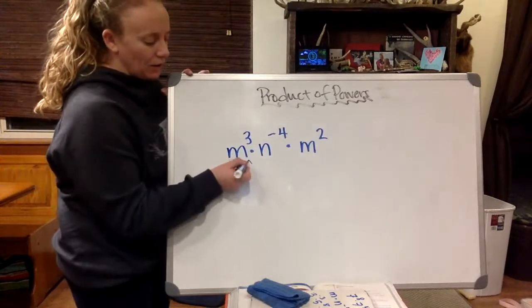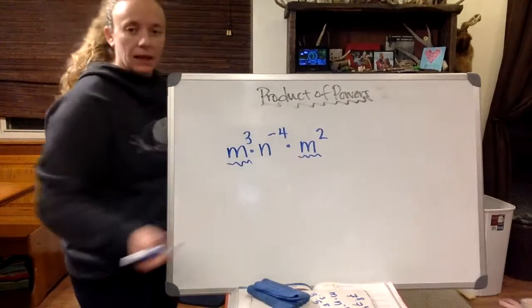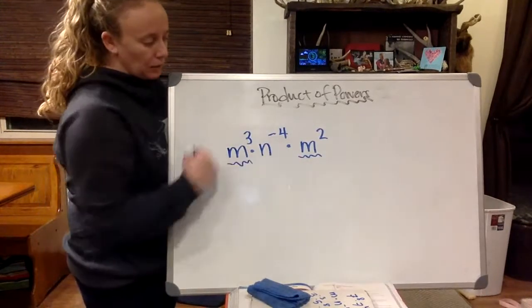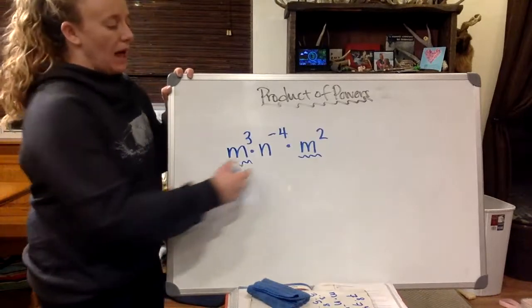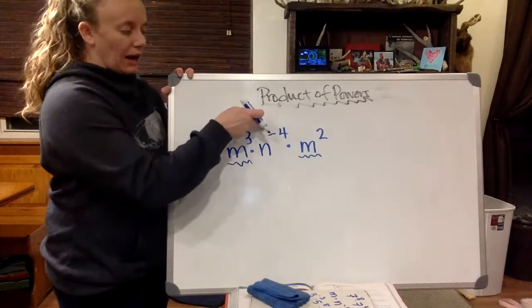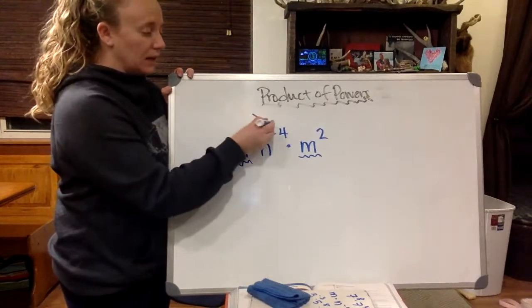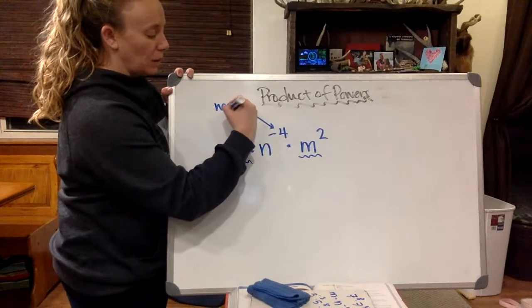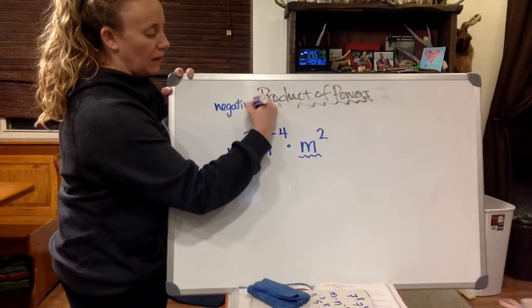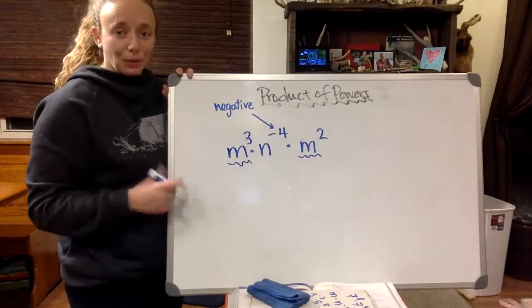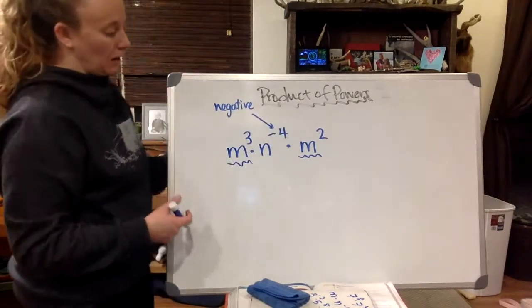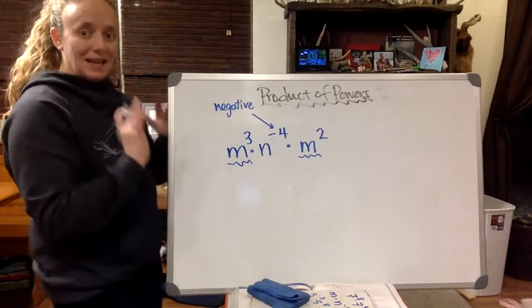I do have 2 bases that are the same, and they are multiplying each other. And there's an n to the negative 4th in the middle. And this n to the negative 4th, I know this is not simplified because it has a negative exponent. Negative exponents automatically tell me that this value is in the numerator when it should be in the denominator. So I'm going to deal with that in a moment.